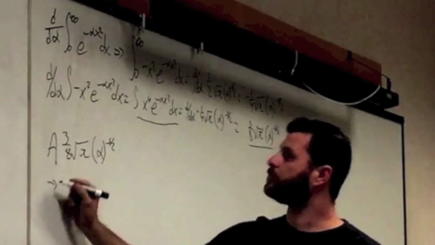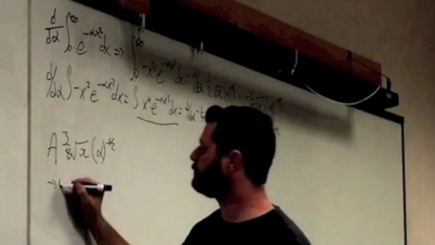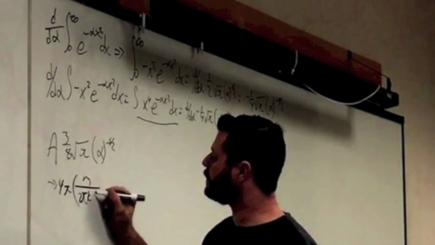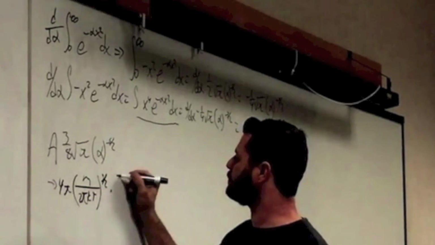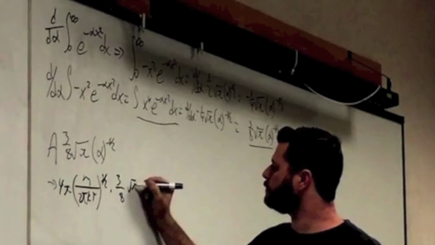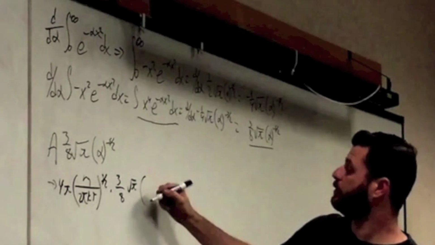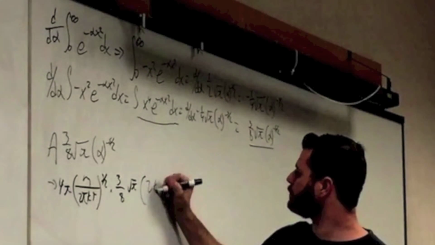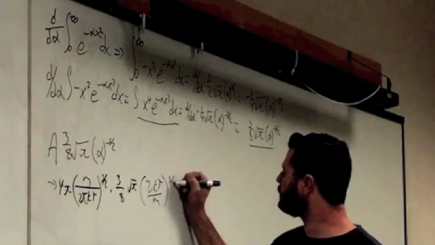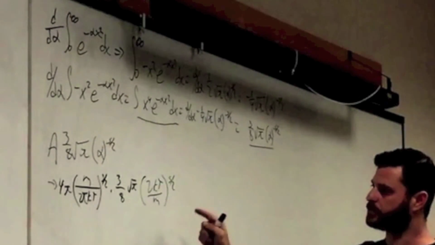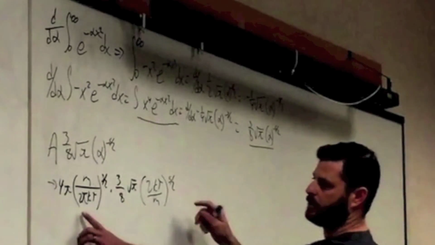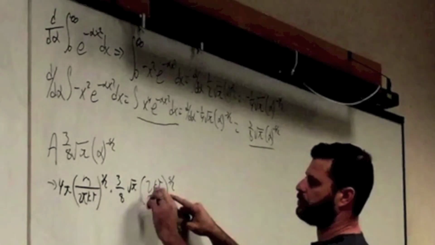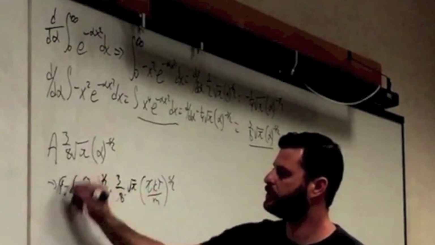Right, and so then if we just plug back in all of our constants, 4 pi times m over 2 pi kT to the 3/2 times 3/8 root pi times, since we're at negative 5/2, we're just going to put the alpha, 2kT over m to the 5/2, and then just like we did before, we just went through and just started canceling everything out. You can see with the 2's, again, we're left with an extra 2 in the numerator here, but that multiplied by this 4 and the 8 will actually all cancel out.